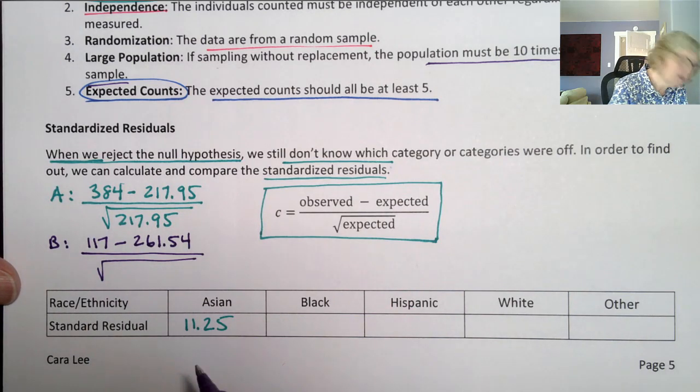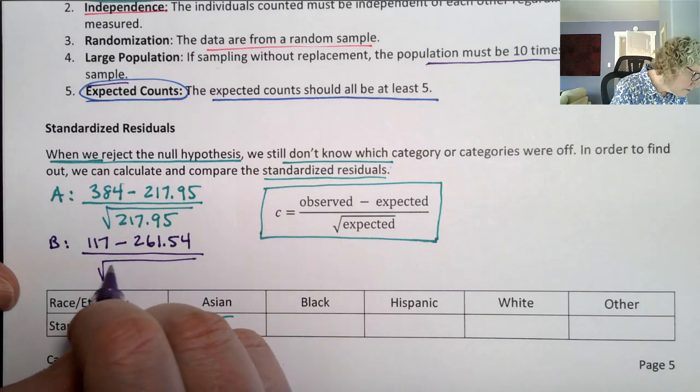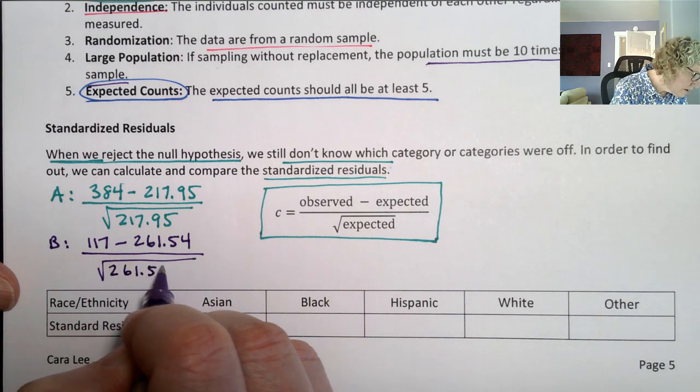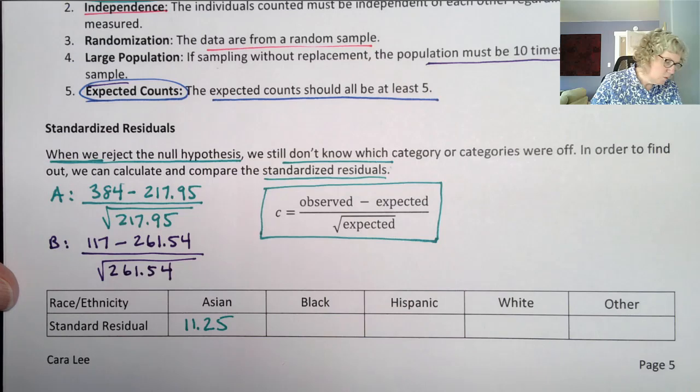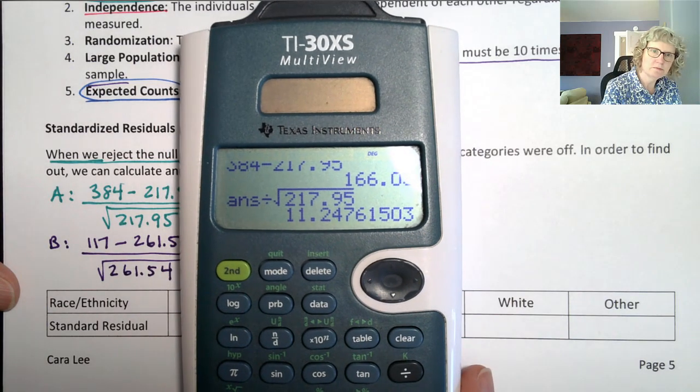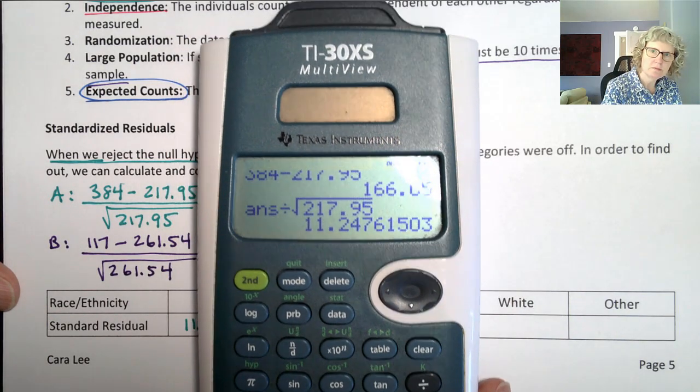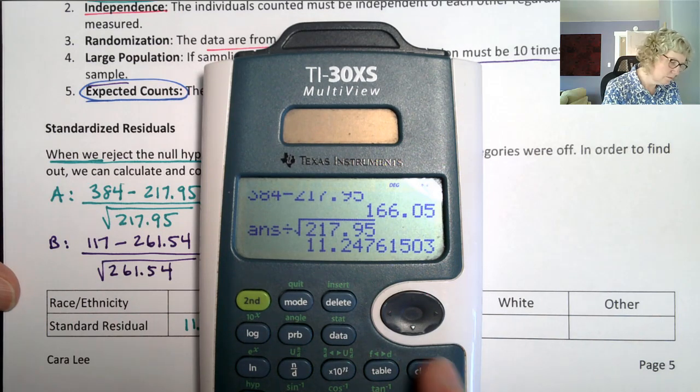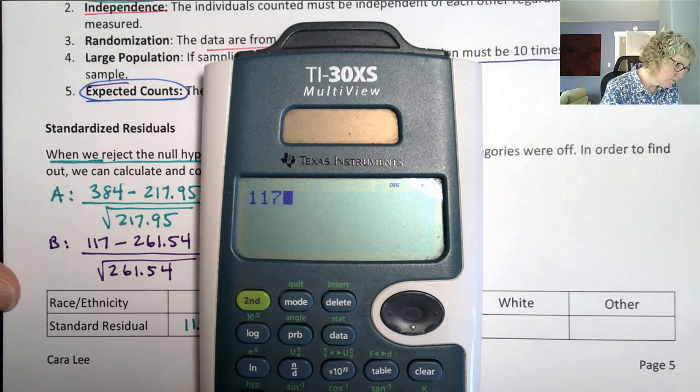So this standardized residual gives us a nice measure for which ones are off. 117 minus 261.54.